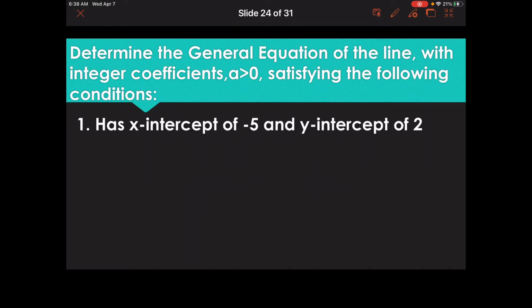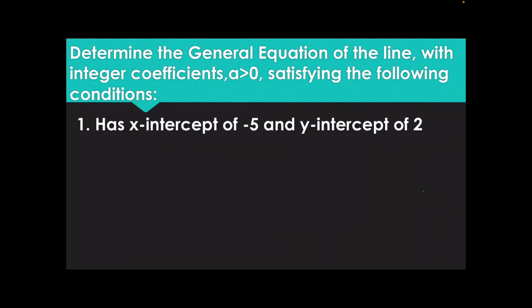The first thing that we have to do is to start with the given formula. So that would be x over a plus y over b is equal to 1. Don't forget that it is equal to 1. Okay?